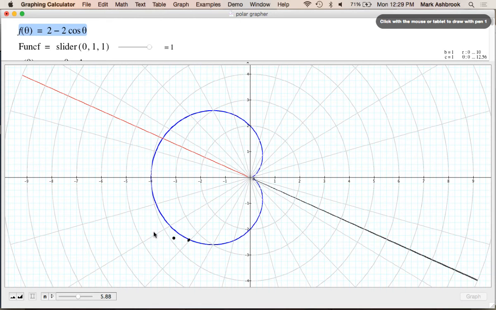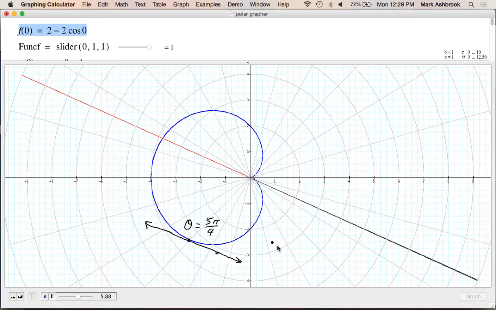How are we going to do it? What do we need to do that? See if I can sketch it here. Theta equals 5 pi over 4. What do I need to get the equation of the tangent line at theta equals 5 pi over 4?